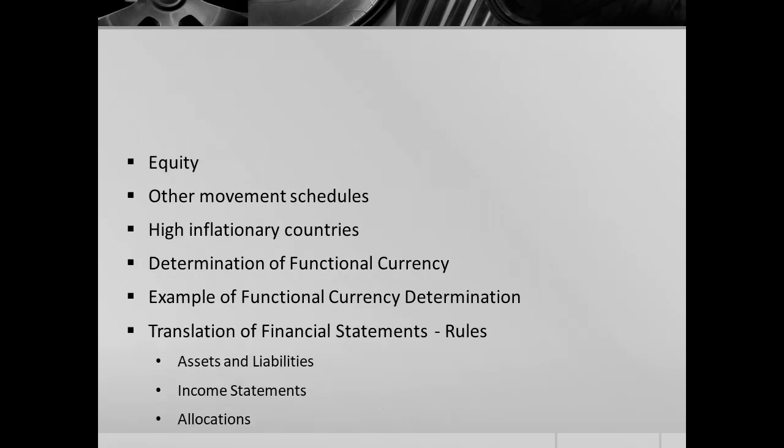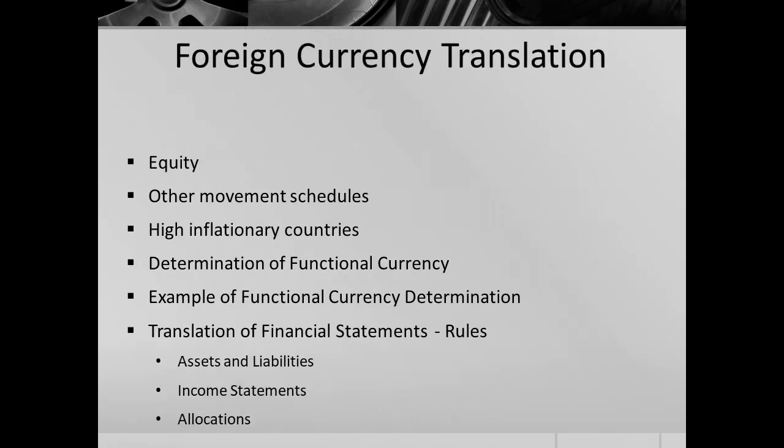Okay. The next thing we're going to see is foreign currency transactions. There are two accounting events in which the entity must deal with foreign currency translation.